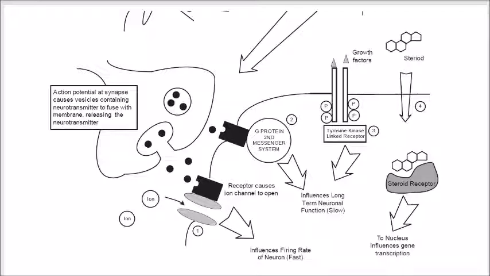Cortisol is perhaps the best known of these steroid neurotransmitters, and we'll study that in a great deal when we look at the stress response. But there are a number of other so-called neurosteroids that also work through this system that may be highly relevant to psychiatric illness.